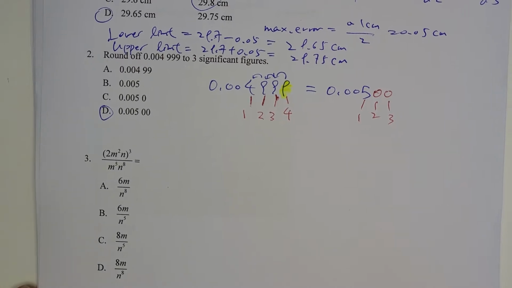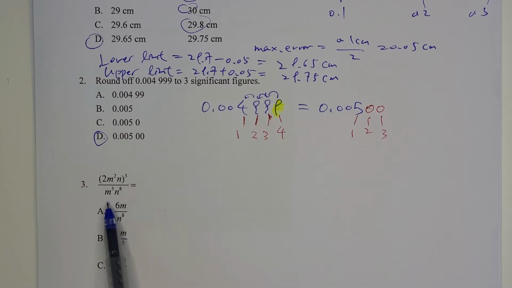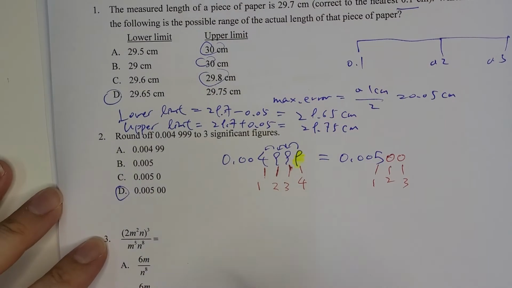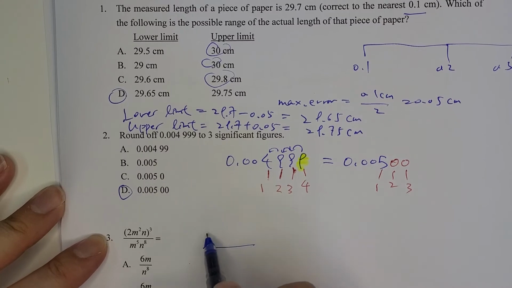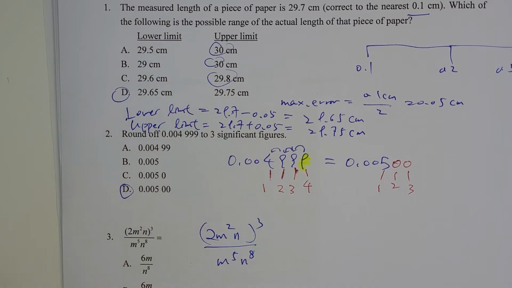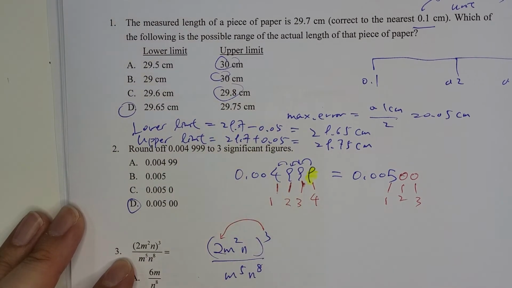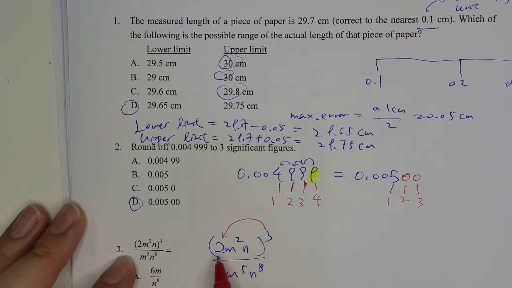And go to question number 3. 2m squared n, bracket, to the power 3, over m to the power 5 times n to the power 8. So first of all, you can try to remove the bracket by multiplying this 3 inside to every one of them. What does that mean, every one? That means this index 3 should be given to 2.